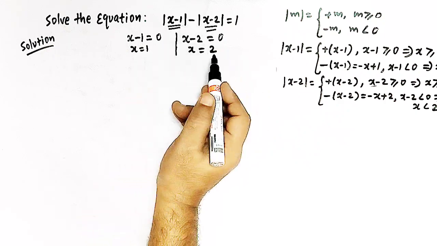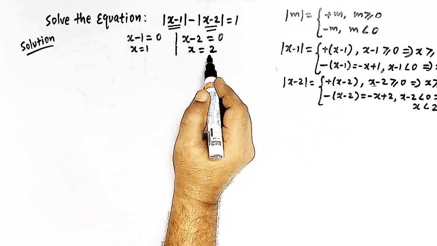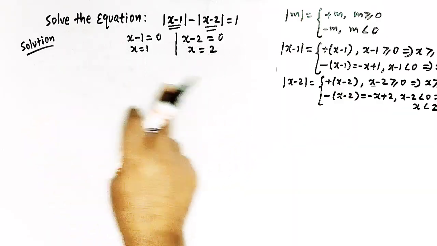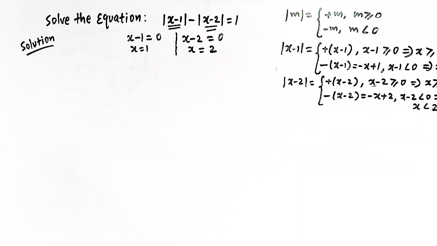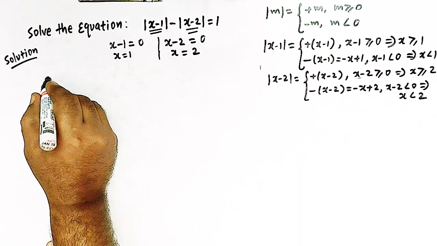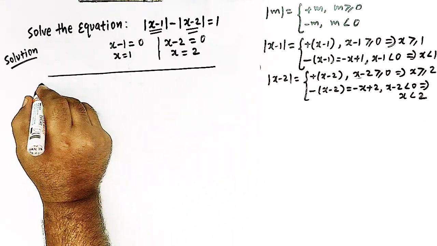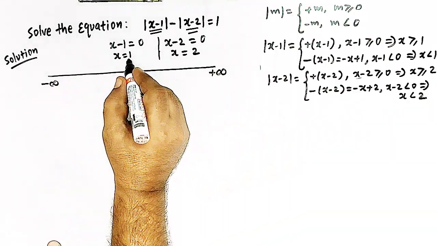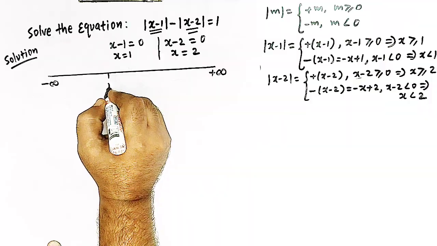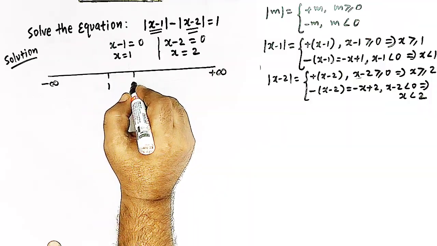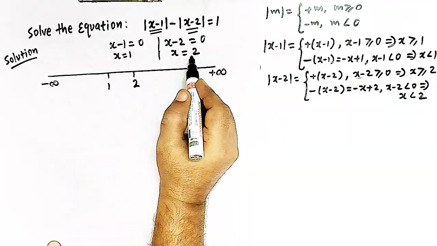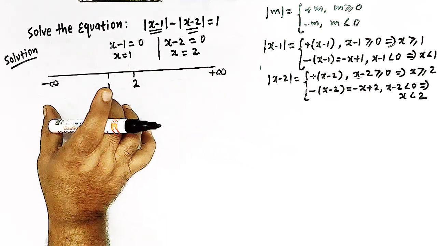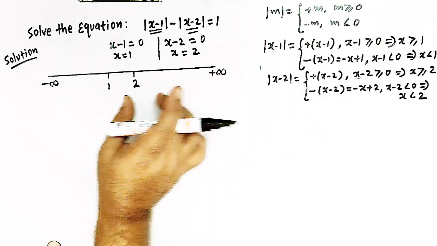So here we have two critical points, 1 and 2, and let us represent these two critical points on the real number line. So now here we have the real number line from minus infinity to positive infinity, and here we have x equal to 1, and here we have x equal to 2. Now these two critical points divide this real number line into three sub intervals.